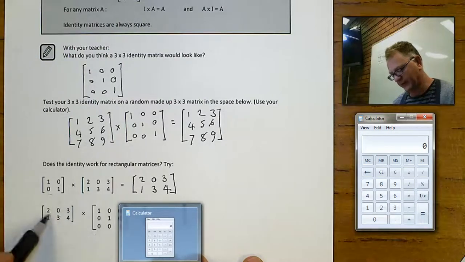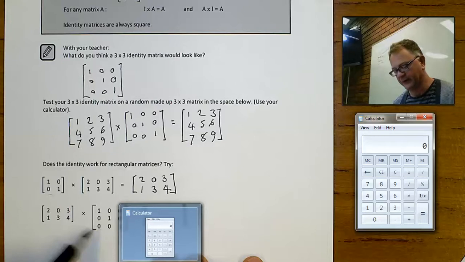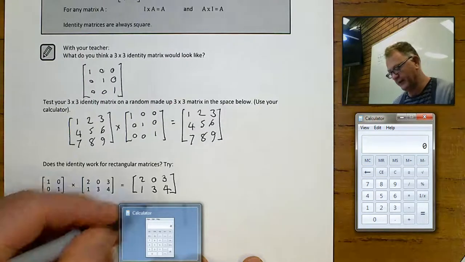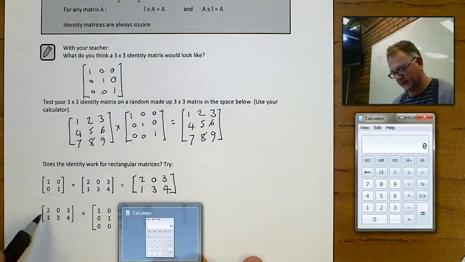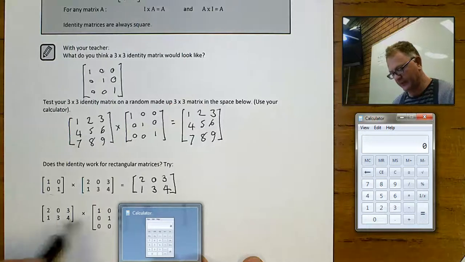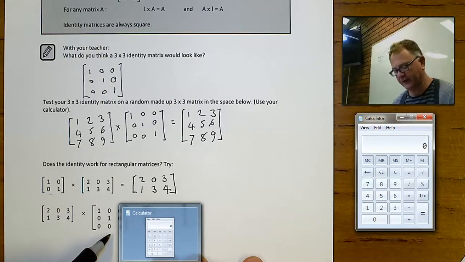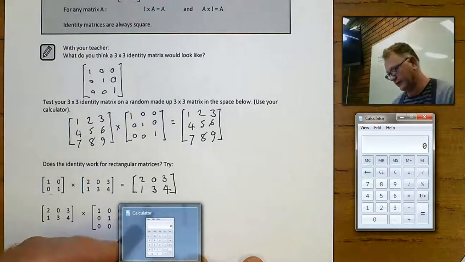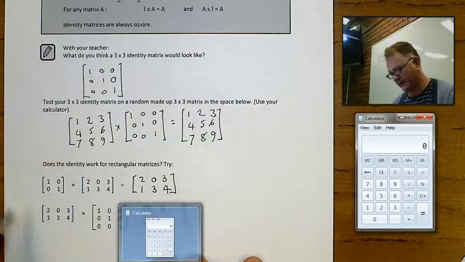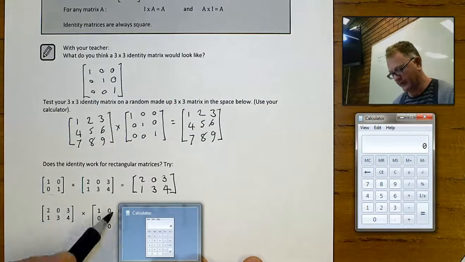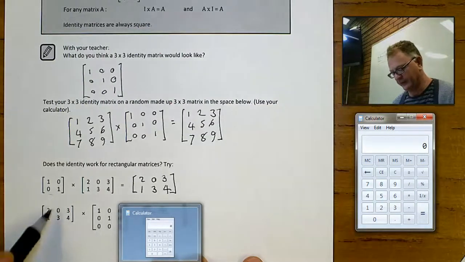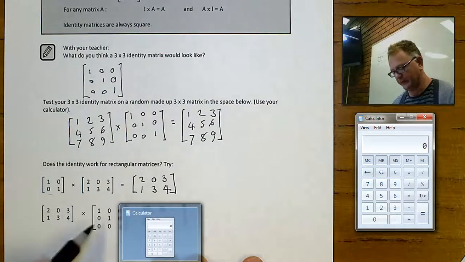Multiply this row by this column. A lot of the entries are 0, so the only one that counts is the 2 by 1 equals 2. And we're going to multiply this row by this column, and I think you can see with all those zeros there, it's only the middle multiplication that's going to count, and it's a 0 by 1 in any case, which equals 0. Multiply rows by columns. 2 times 0, 0 times 0, 3 times 1 is 3.